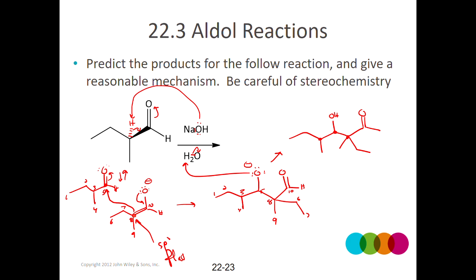So that means carbon 8, which forms a chiral center, will either be connecting from the bottom or from the top, both equally likely, forming a racemic mixture there. So one way I can do that is to show these zigzags to show that I'll have both stereochemical outcomes at that carbon.